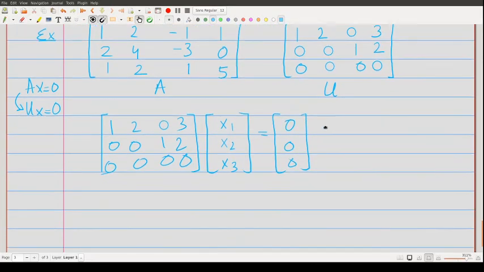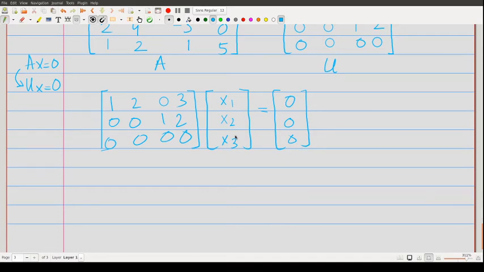Notice that I will have to pick x3 as a free variable. My second equation will give me, sorry, I need to have x4 over here, there needs to be an x4 here as well, because this is 3 by 4.